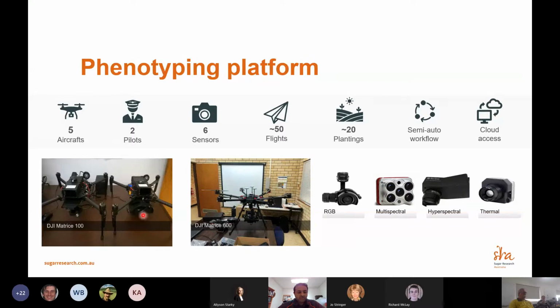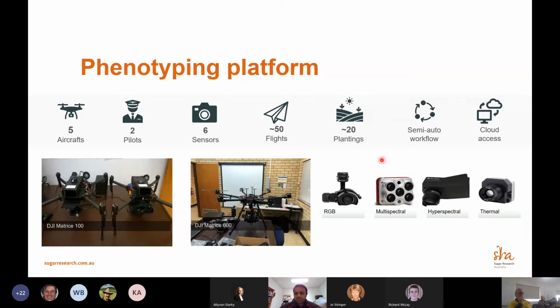They are easy to operate, and they can carry multiple cameras, and they can have a flight time of about 20 minutes, enough to capture images at high resolution in a 7-hectare block. And as I said, the drones can be equipped with different kinds of sensors: RGB, multispectral, hyperspectral, or a thermal camera. And each of those cameras provides specific information about the crop.